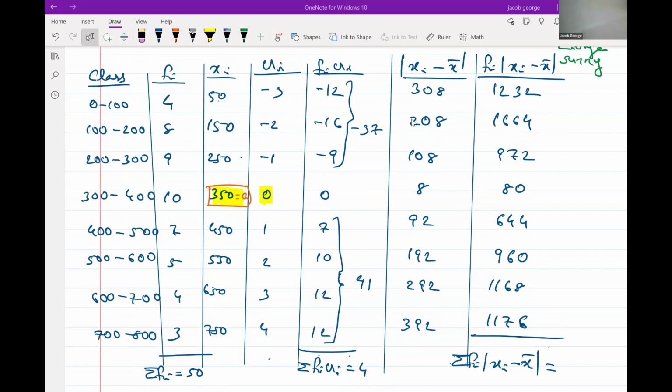Yes. How much you got? 7,896, correct answer. Now the final step. So the sum is 7896.